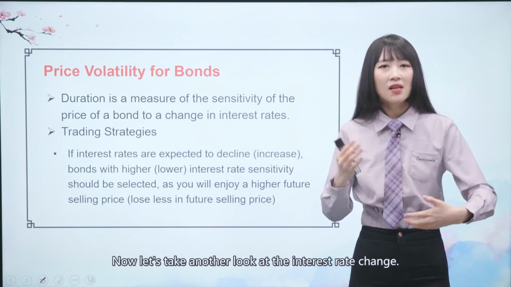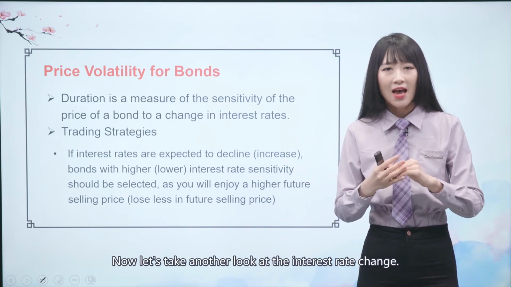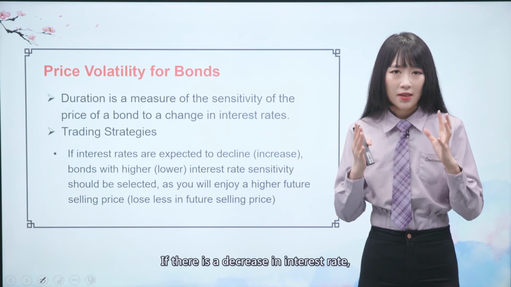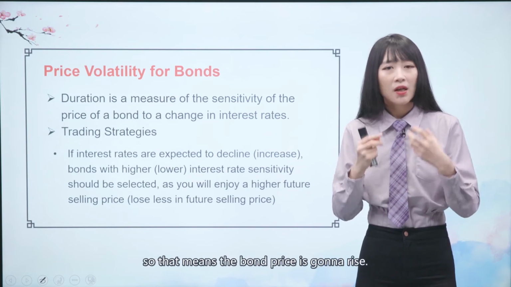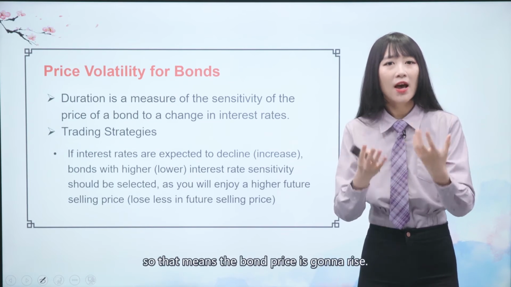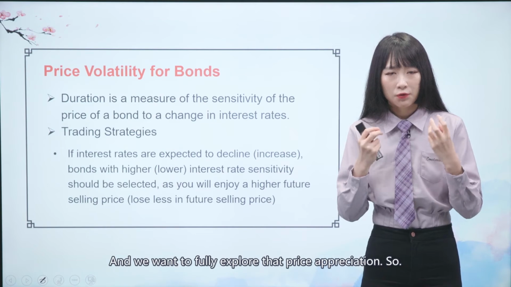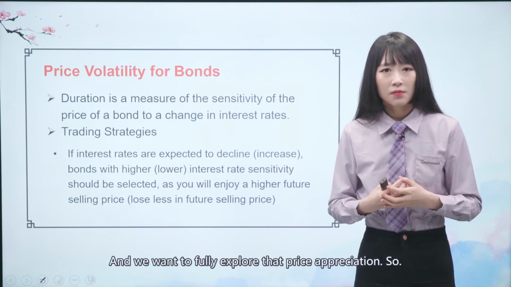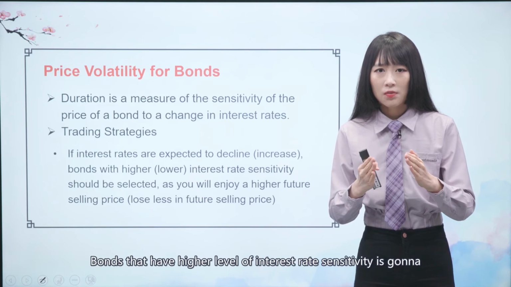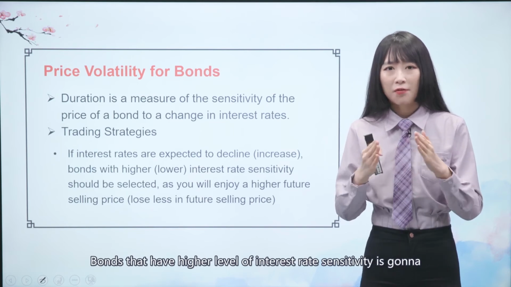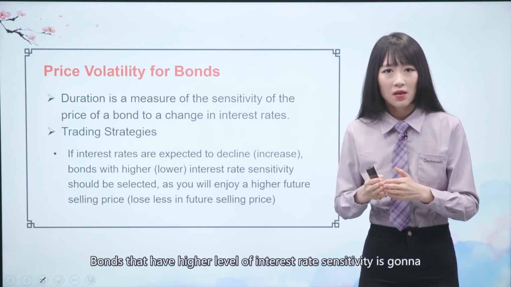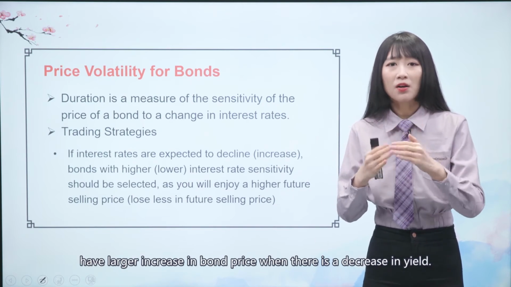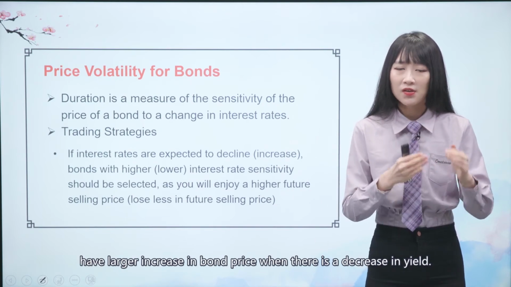Now, let's take another look at the interest rate change. If there is a decrease in interest rate, that means the bond price is going to rise, and we want to fully explore that price appreciation. Bonds that have a higher level of interest rate sensitivity are going to have a larger increase in bond price when there is a decrease in yield.